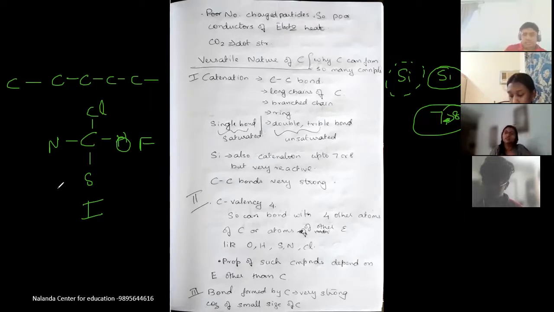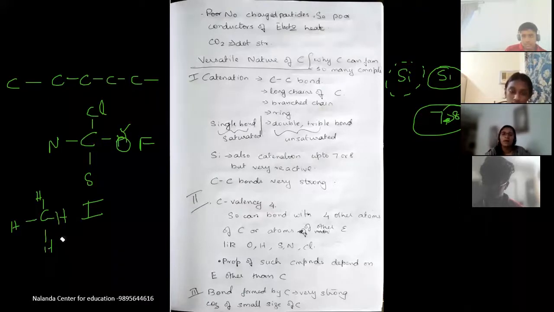So now the variety of compounds which are formed as a result of carbon joining with other atoms are very huge. And what is the speciality of this? Say, for example, we are talking about methane over here. This particular methane has a specific property. Now, what will happen if one of the hydrogens is replaced by Cl, chlorine?